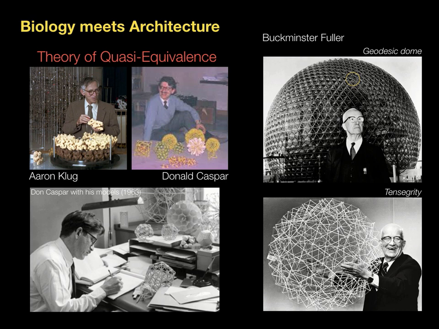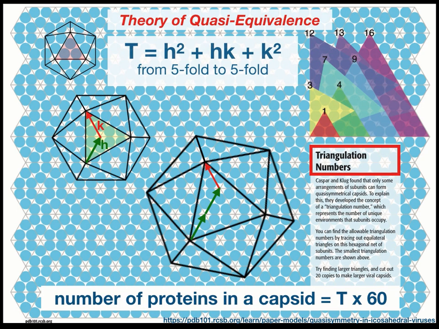So what's the theory of quasi-equivalence? How can you fit all these hexagons between the pentagons to have a sphere of any size? Well, what they came up with was a planar representation of how you can arrange the different subunits in a capsid.